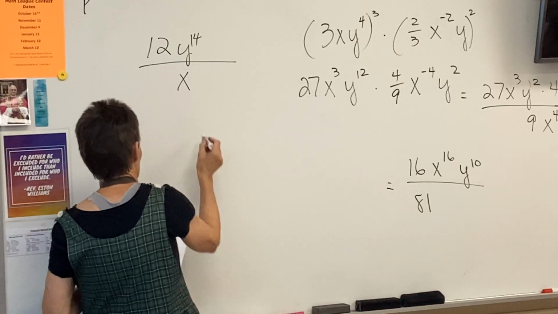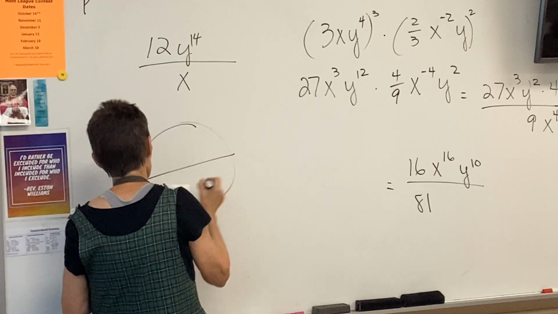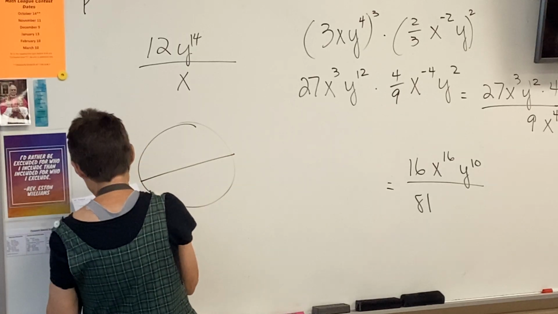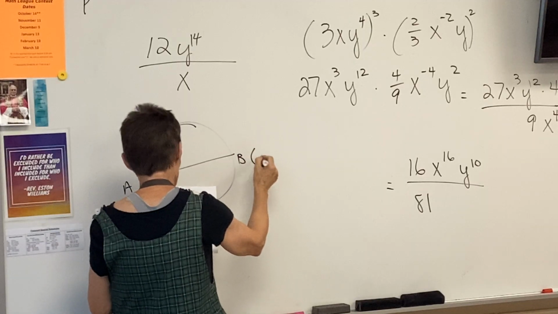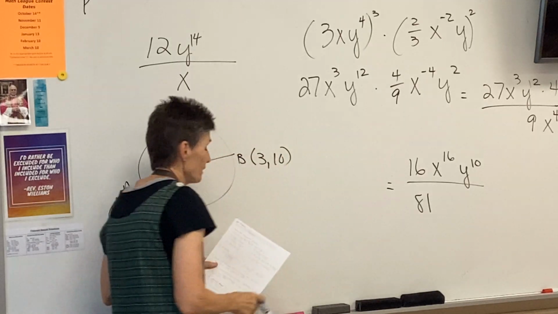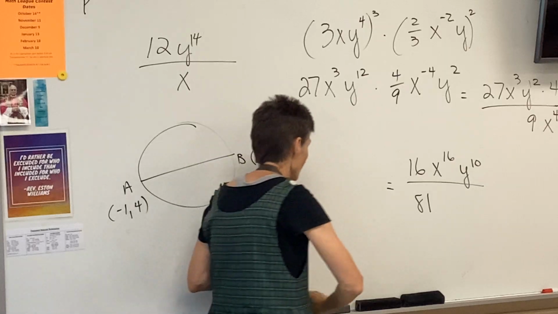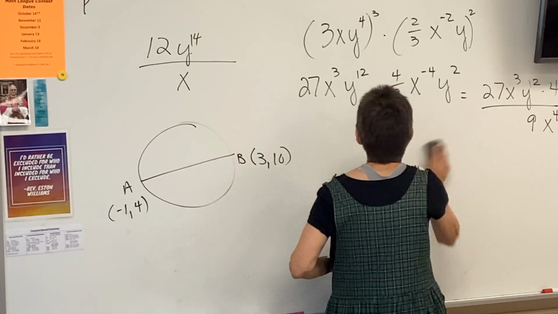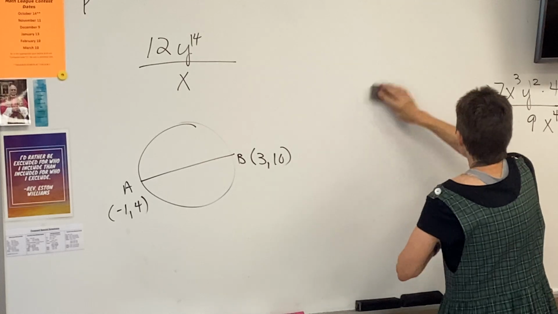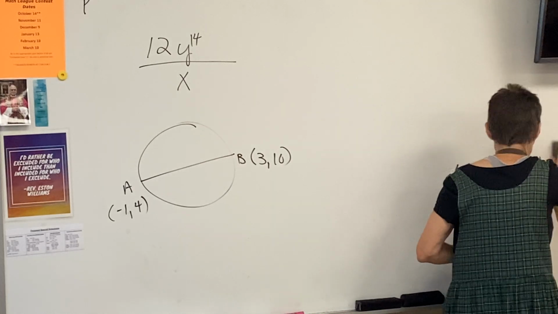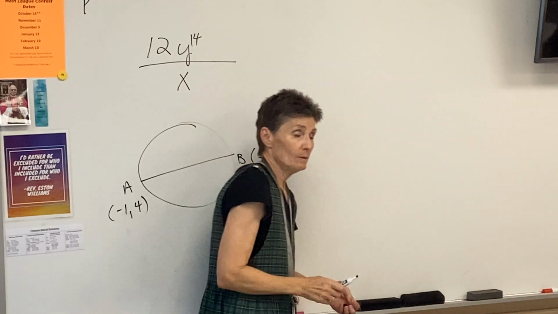So, here we go. Here's our circle. A is -1,4. B is 3,10, and we're gonna write the equation of that circle. All right, what's it take?